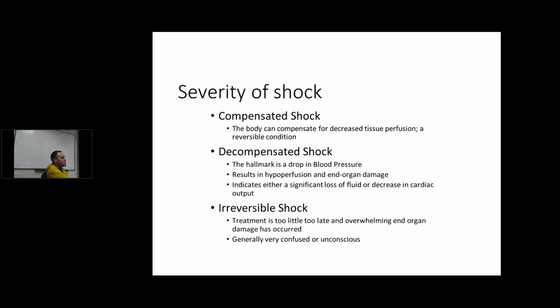That's decompensated shock. Decompensated shock is generally when people recognize shock. It's been happening for a while, but they don't recognize it until the patient's blood pressure actually drops. And they're like, oh crap, I think this patient's in shock. Well, they've been in shock. They've just been compensating. So when they decompensate, that's when you get end organ damage.